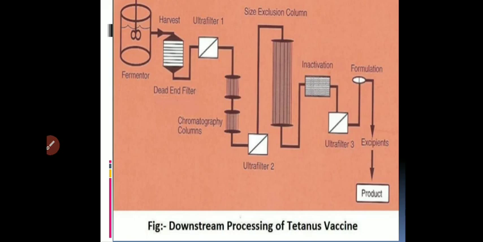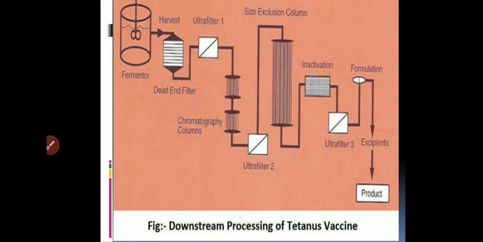So with the help of ultrafiltration process and column chromatography, we separate our desired product and other components. Then it again goes through filtration process second. Various cells are removed. Then inactivation process is carried out with the help of formaldehyde.